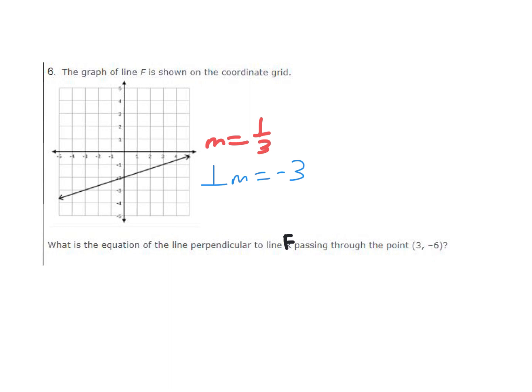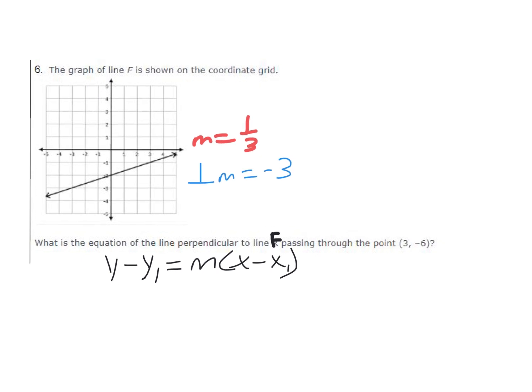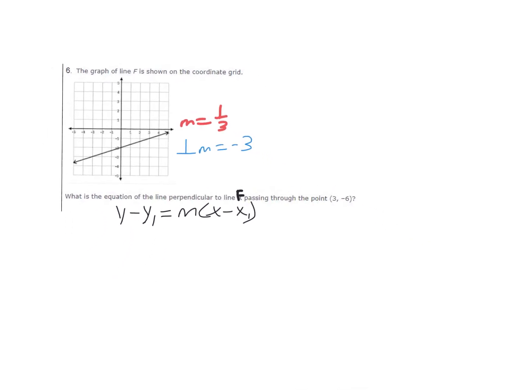So this is where we use the point slope form, y minus y1 equals m times x minus x1, and then we just plug in our numbers. Our point is 3 and -6, our x and our y, and we use our new slope.